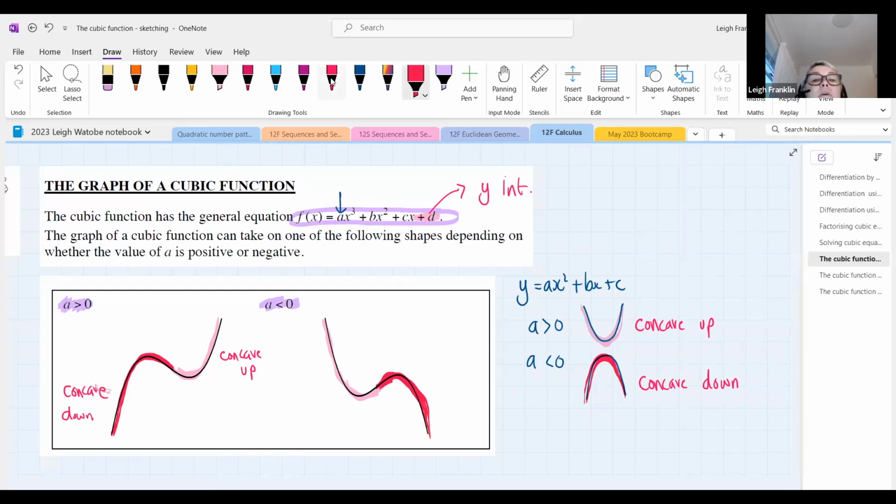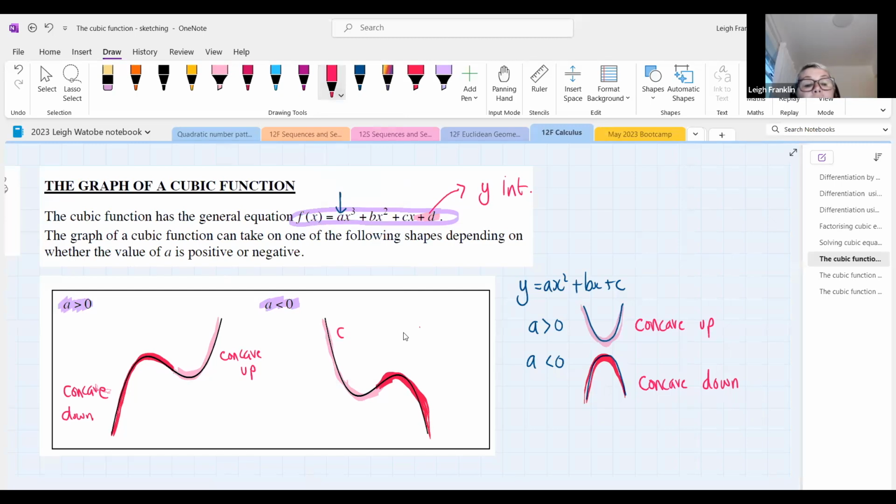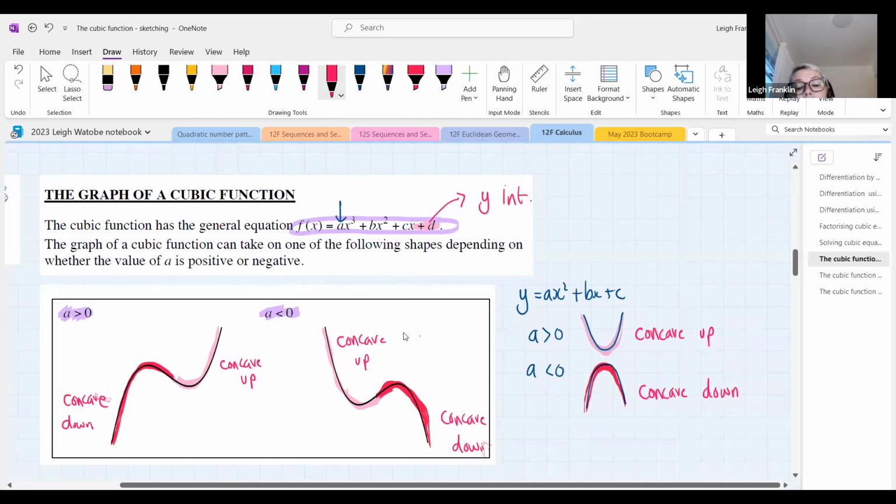Very important for the shape of our particular function. So this is first of all concave up, and then it becomes concave down. Come on, silly pen is giving me issues again.